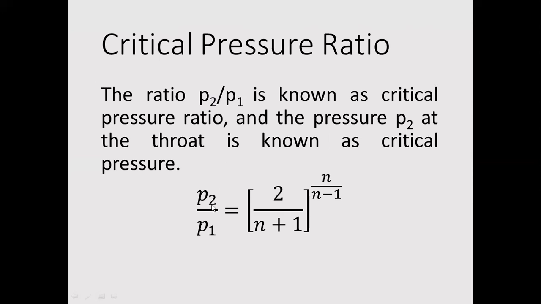P2 by P1 is known as the critical pressure ratio and the P2 at throat is known as critical pressure. We have a relation P2 by P1 is equal to (2 divided by n plus 1) the whole power n by n minus 1.